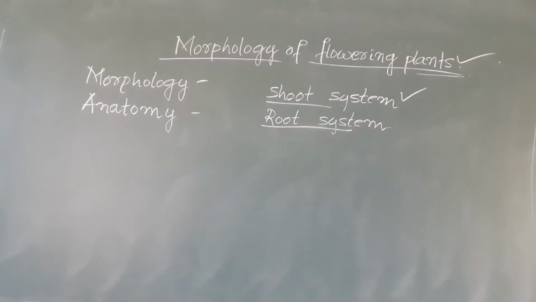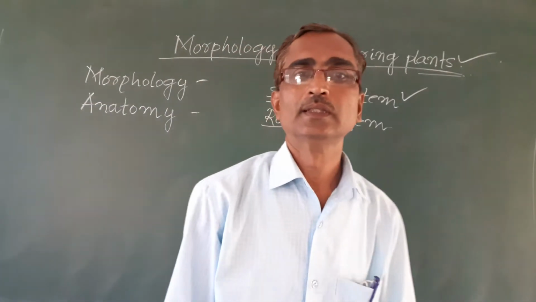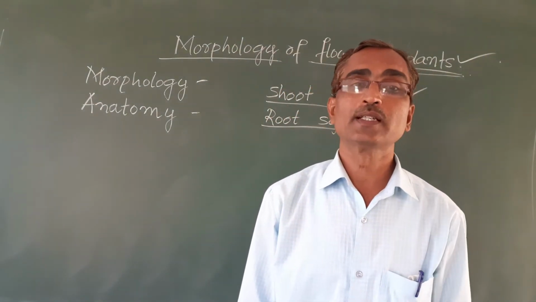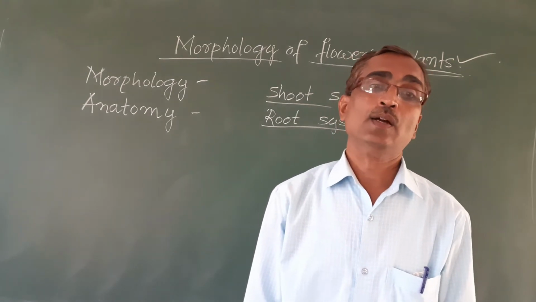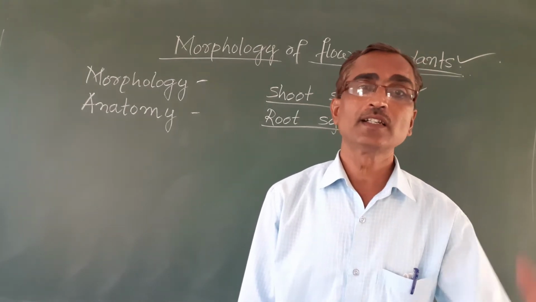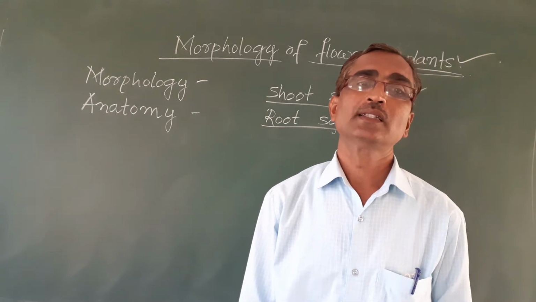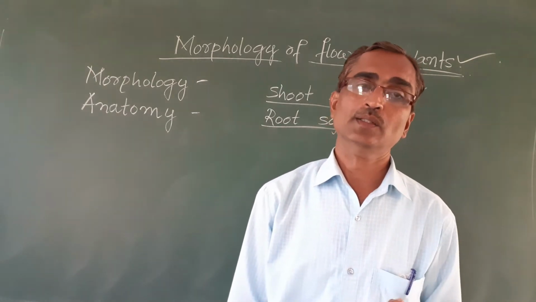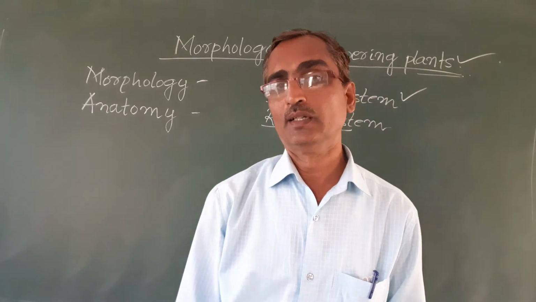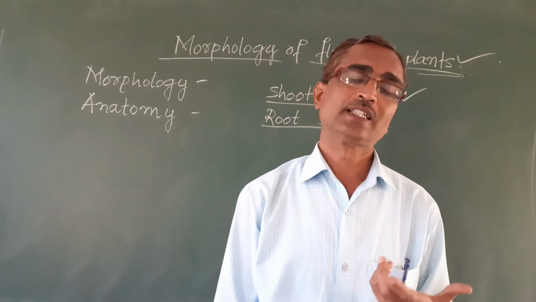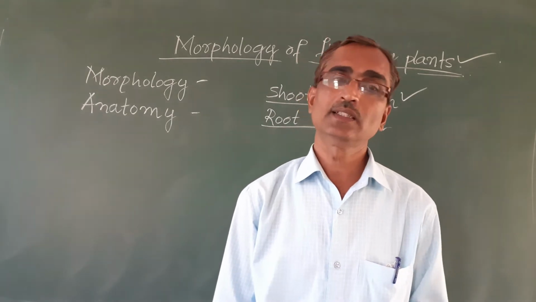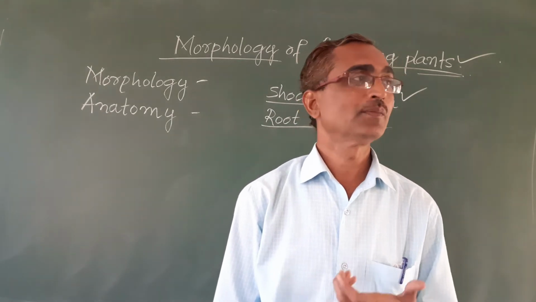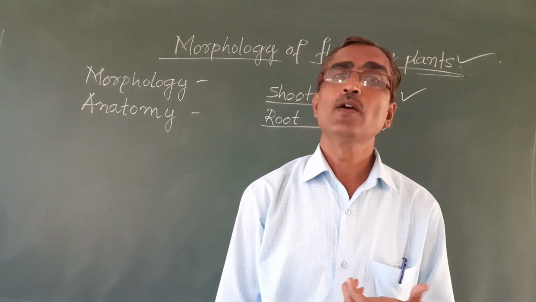So let us discuss one by one: the root, stem, leaf, okay, all these are the morphological structures. Externally, in the shoot we see stem, leaf, flower and so on, and in the root system we have roots.